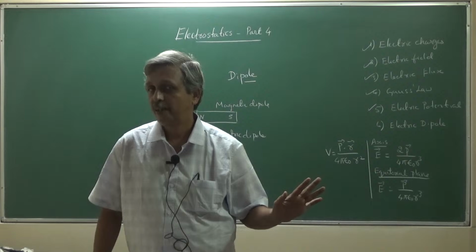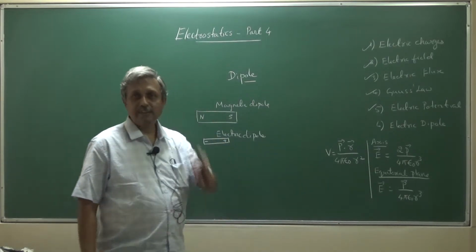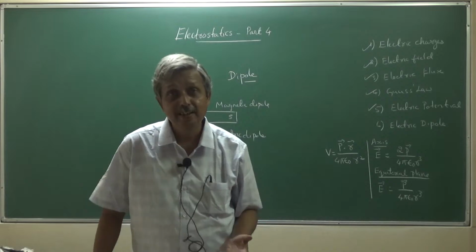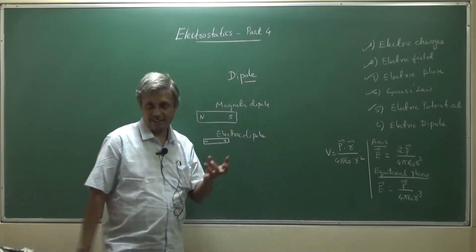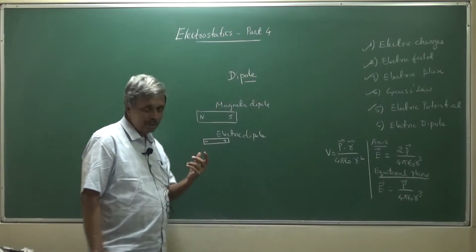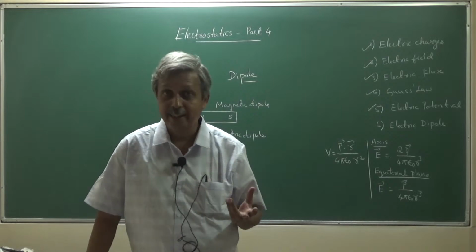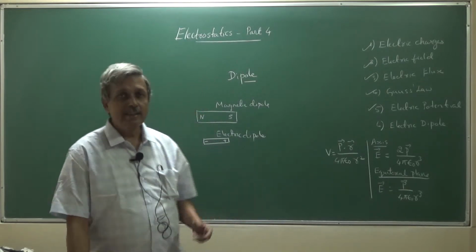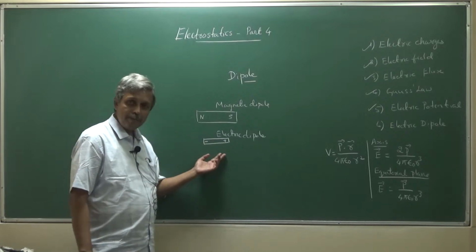I won't be able to get just a north pole, or just a south pole. Whereas in the case of electric, just a positive charge I want, I can get it. Just a negative charge I want, I can get it. So in the electric scenario, monopoles are available, and dipoles are also.